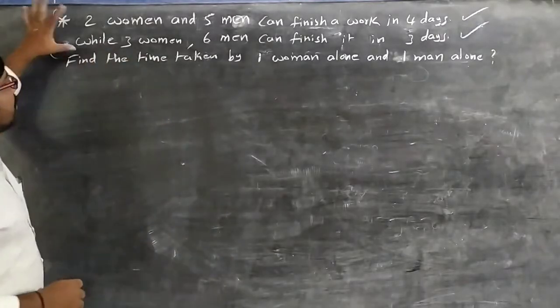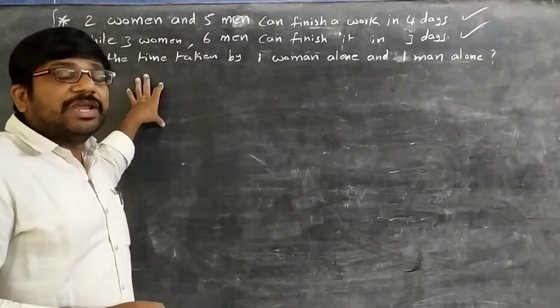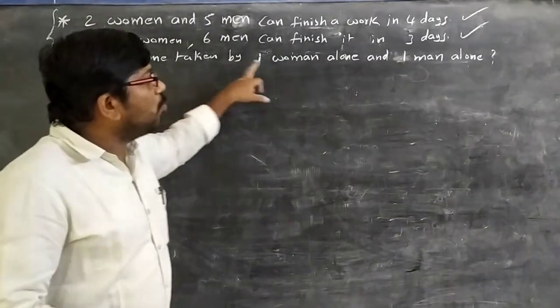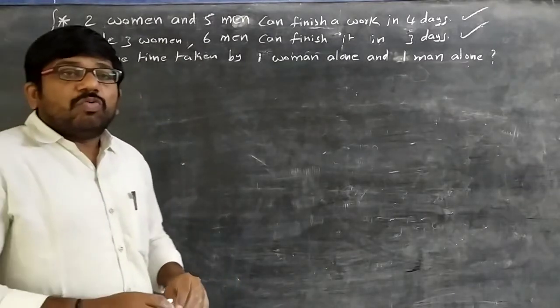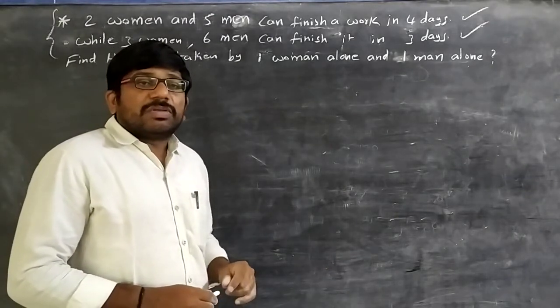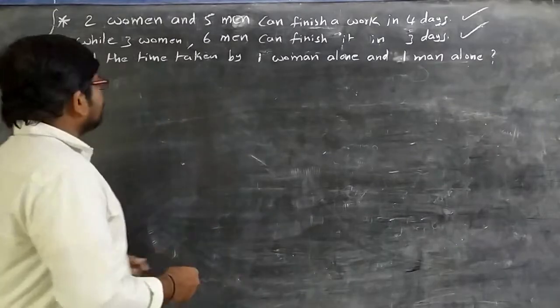First we don't know how much portion of work is done in one day by one woman and one man, right? Here it is time and work, so we should take the work done in one day portion, right?